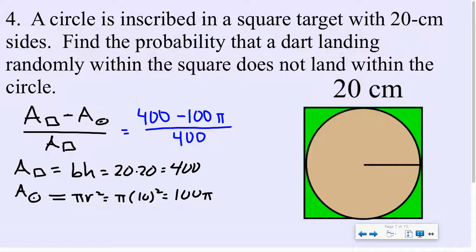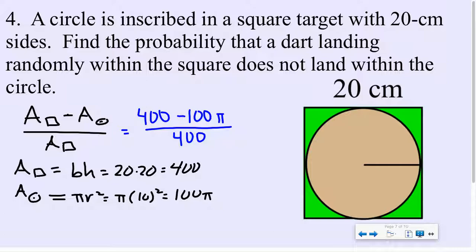In the numerator, can I take 400 minus 100 pi and make it 300 pi? No, because they don't both have pi's. If I look at all three terms, 400, 100 pi, 400, do all three of them have a common factor? 100. If all three of them have the same common factor, then I need to reduce by that factor.